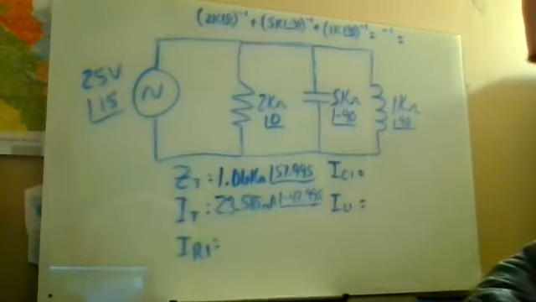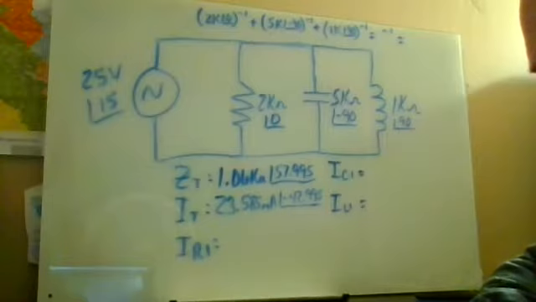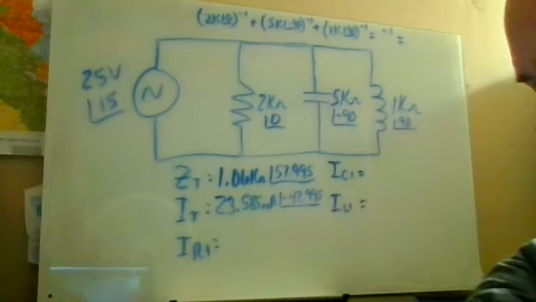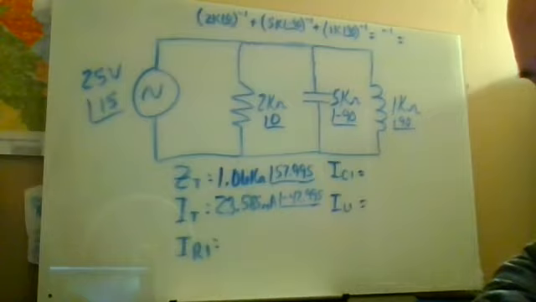So when you put it in your calculator, I put parentheses, 2 exponent 3 angle of 0. Close your parentheses.